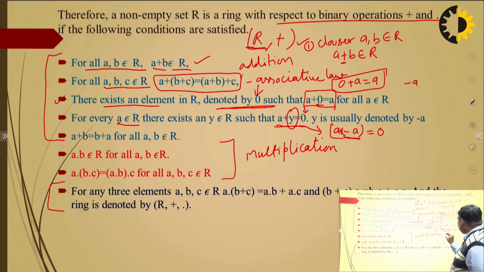So we can prove the existence of minus A here. If this type of property holds, we can say that the existence of inverse holds.